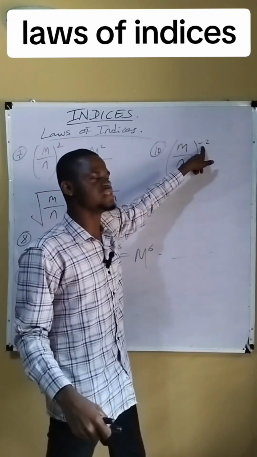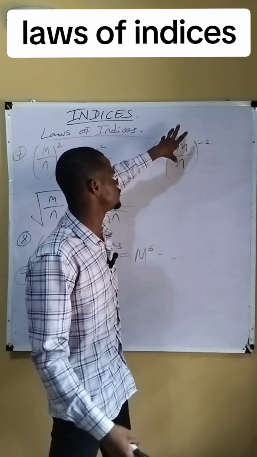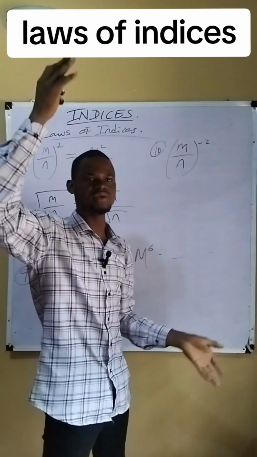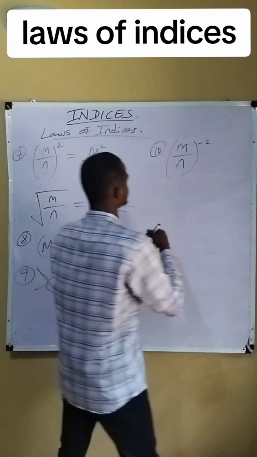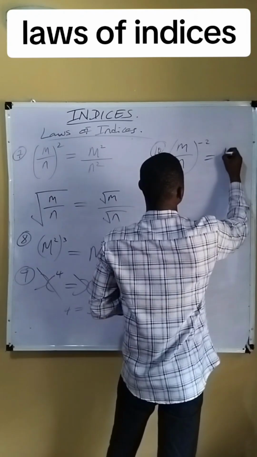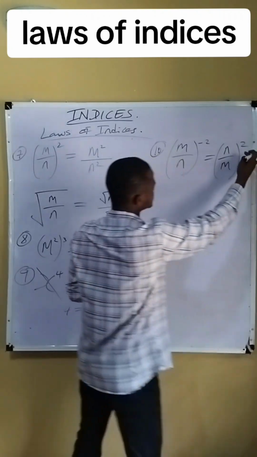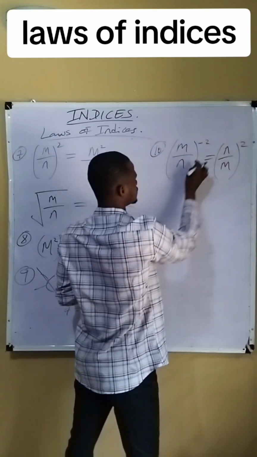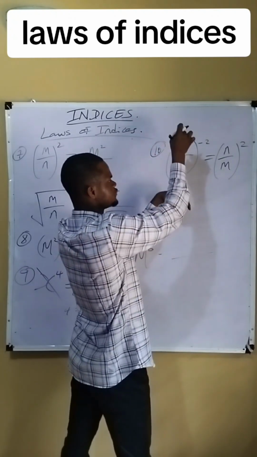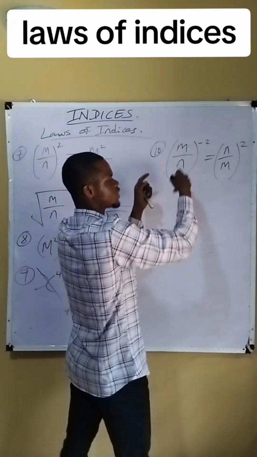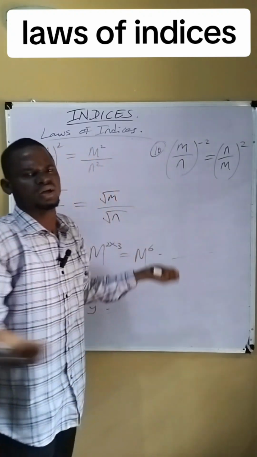Immediately you remove this negative sign, the fraction inside the bracket will be inverted. Therefore, this is the same thing as n all over m all raised to the power of 2. Immediately you remove this negative sign, the fraction was inverted. The numerator becomes the denominator, and the denominator becomes the numerator.